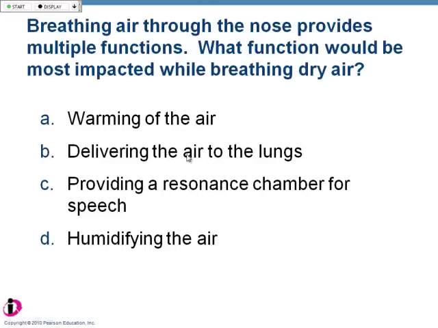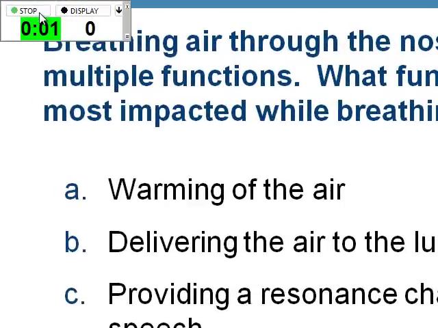Breathing air through the nose provides multiple functions. What function would be most impacted while breathing dry air? A, the warming of air. B, the delivery of the air to the lungs. C, providing a resonance chamber for speech. Or D, humidifying the air.